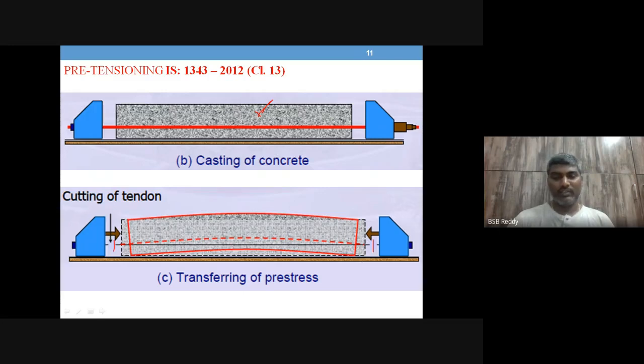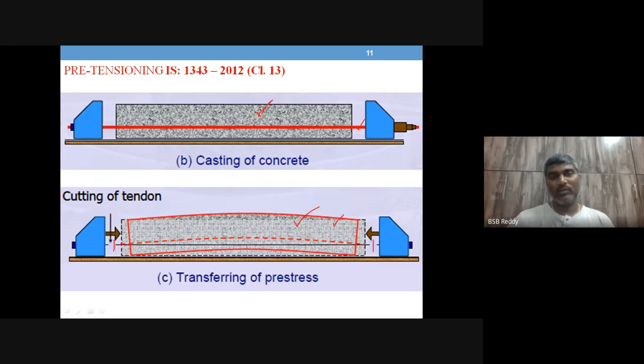That completes the pre-tensioning operation. The member is ready for use. The stress that you have created in the steel is transferred to the concrete.